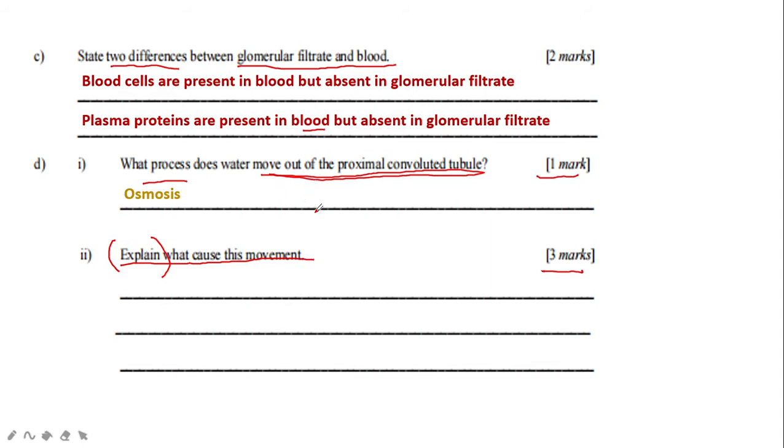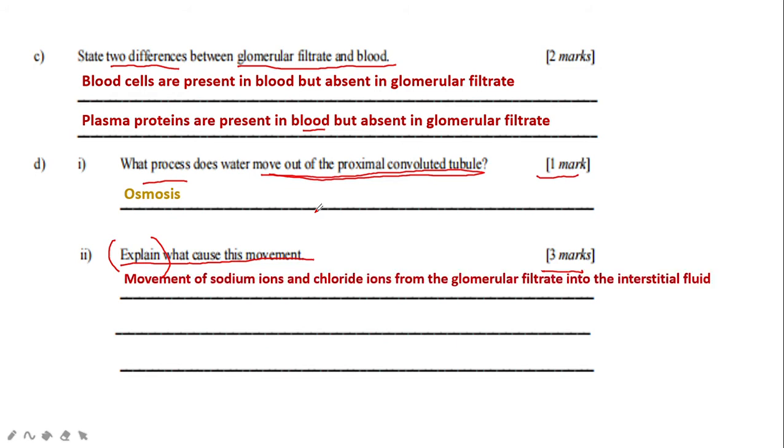So the first point is movement of sodium ions and chloride ions from the glomerular filtrate into the interstitial fluid. When sodium ions and chloride ions move from the glomerular filtrate into the interstitial fluid, the water potential in the interstitial fluid decreases, because the concentration of solute increases.